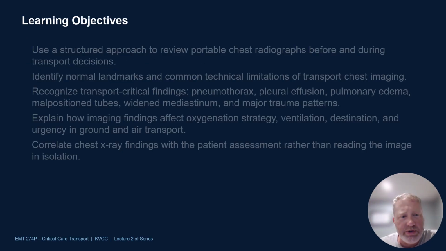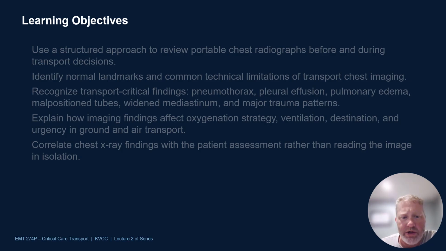As far as learning objectives, we'll be using a structured approach to review portable chest x-rays before and during transport. We'll identify normal landmarks and common technical limitations of transport chest imaging. We'll recognize transport critical findings like pneumothorax, pleural effusion, pulmonary edema, tubes that are in the wrong spot, mediastinum issues, and trauma considerations as well.